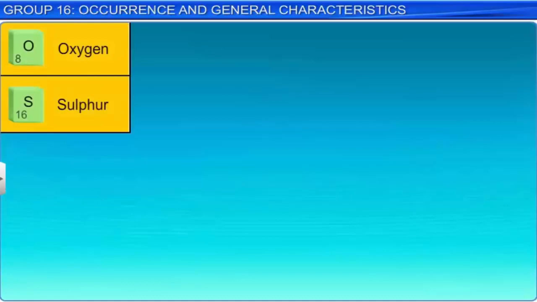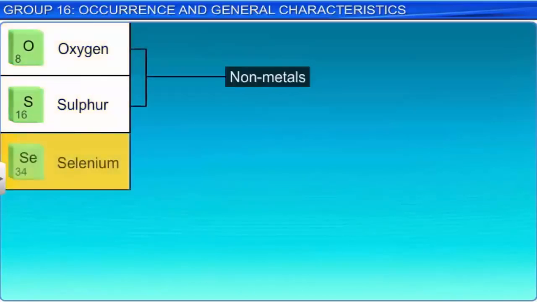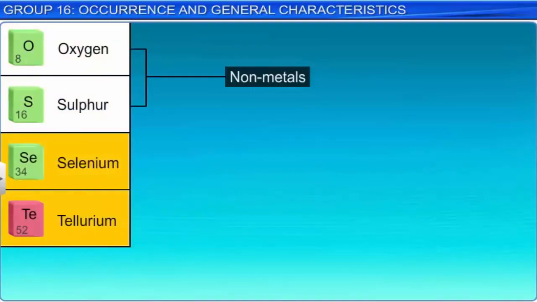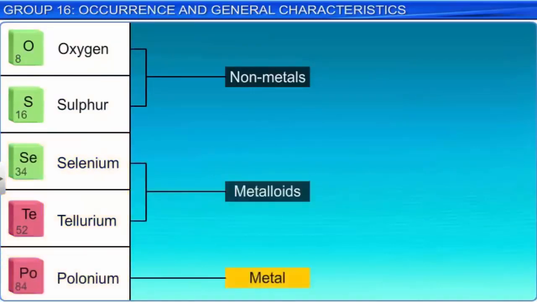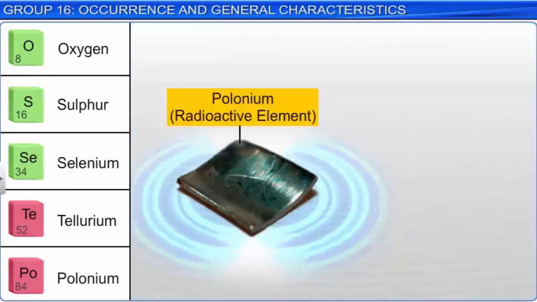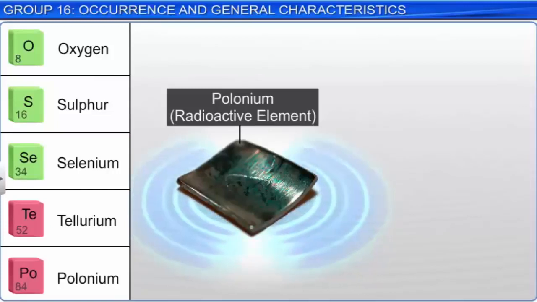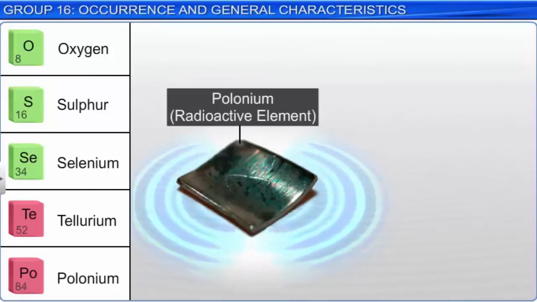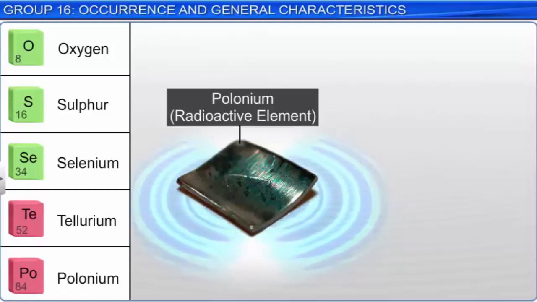Selenium and tellurium are metalloids, while polonium is a metal under normal conditions. As polonium is a radioactive element, its radioactive property is considered more important than its normal properties. Moreover, its availability is very less as it is a decay product of uranium and thorium.